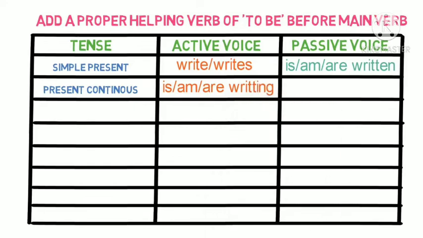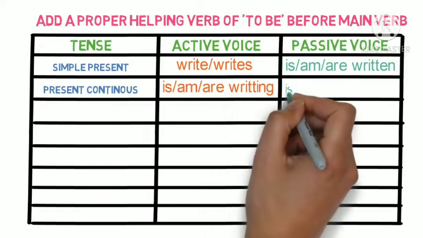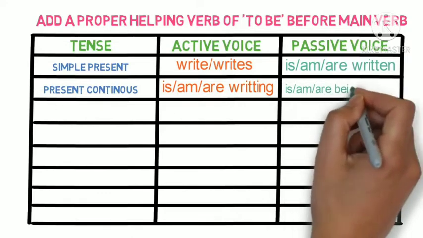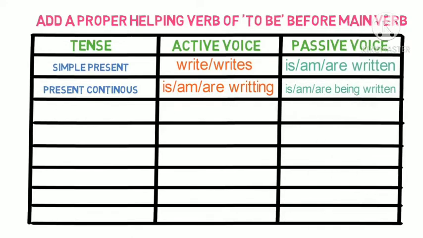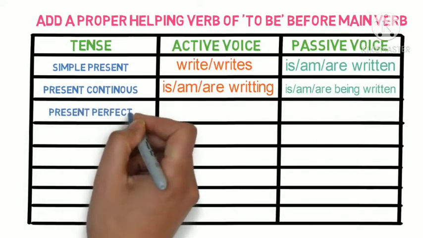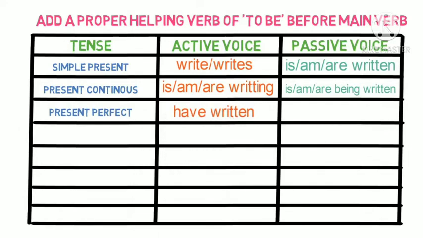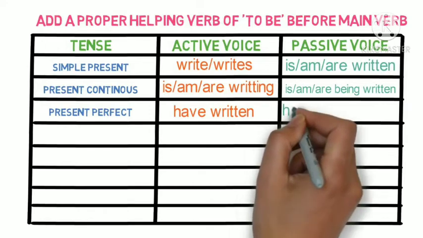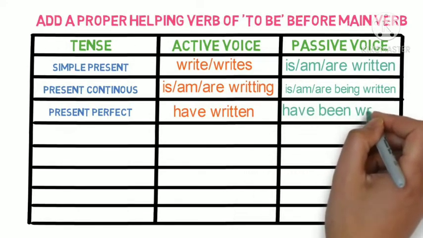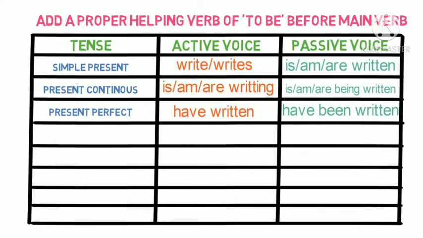It will change like this: am, is, are, then being written. In present perfect, it is has written or have written. It will change like this: has been or have been written.